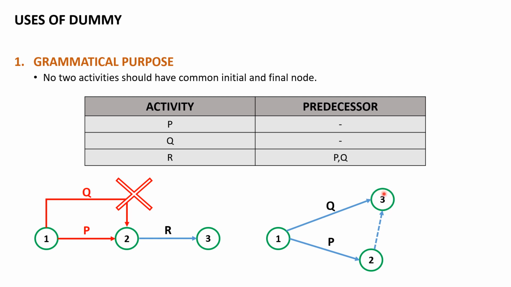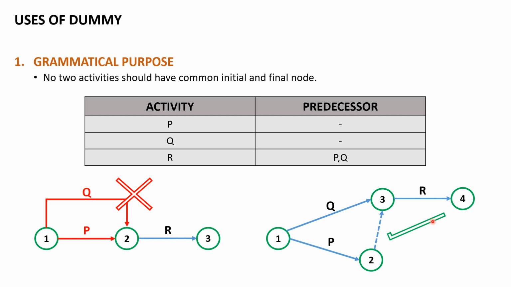Now we can have our last activity R, which has a predecessor relation of Q as well as activity P. You need not worry about the labeling of this. As mentioned, the dotted arrow indicates it is a dummy activity. So this would be the right way of representing a network diagram using a dummy.